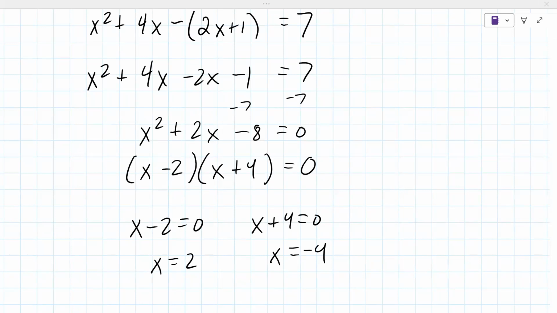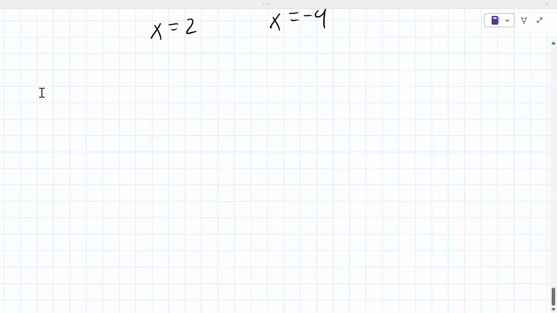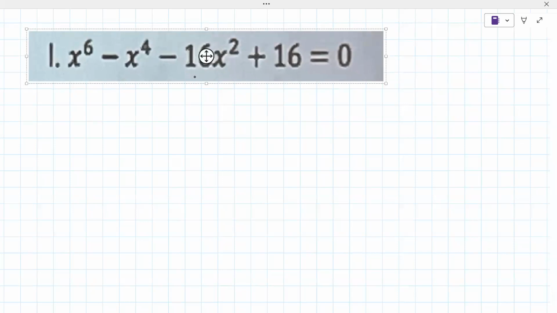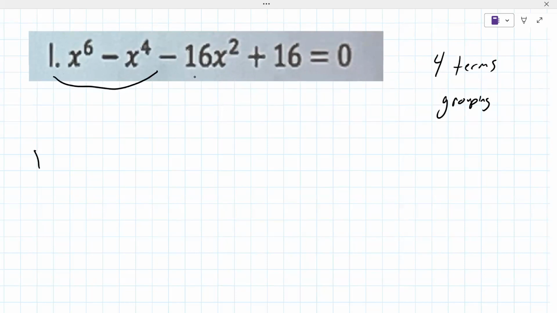Letter I. Whenever you see 4 terms, you're often going to do grouping. So when you look at the first 2 terms, you can factor an x to the 4th out of both.